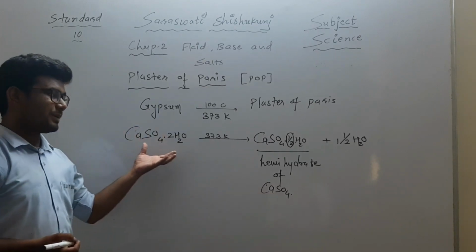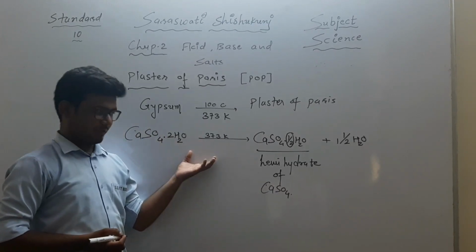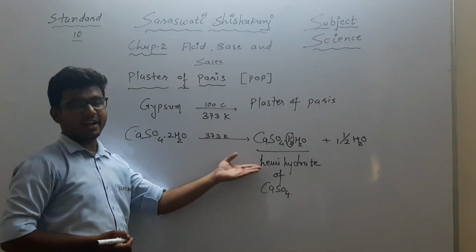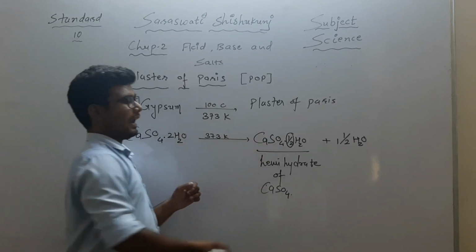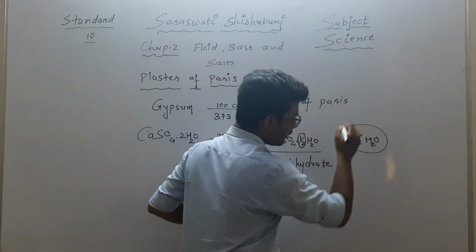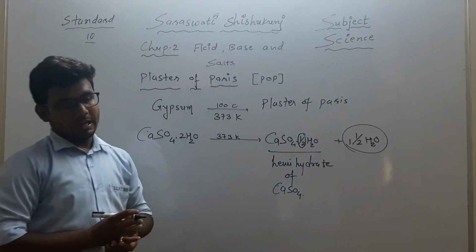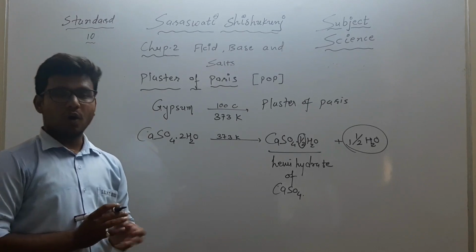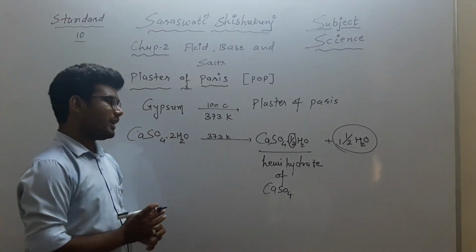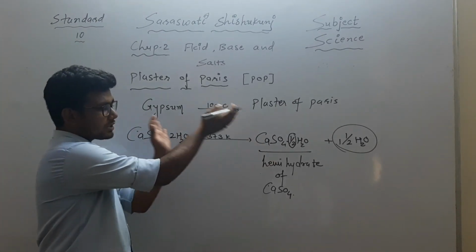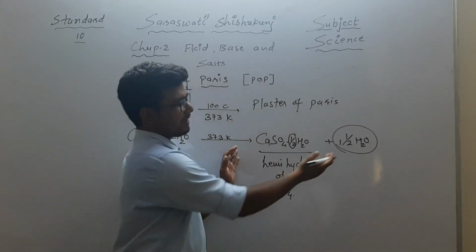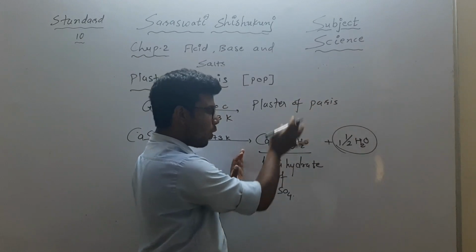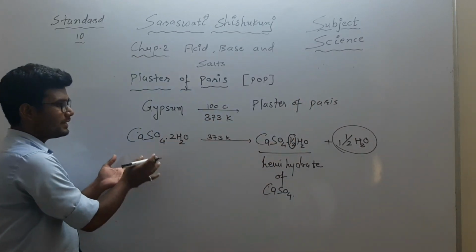So by heating gypsum at 373 Kelvin of temperature, we will get the hemihydrate of calcium sulfate, that is our plaster of Paris, and 3/2 moles of water will be removed from it, right? Or you can also have the opposite reaction, that the hemihydrate, when it is crystallized with water, you can also get gypsum.